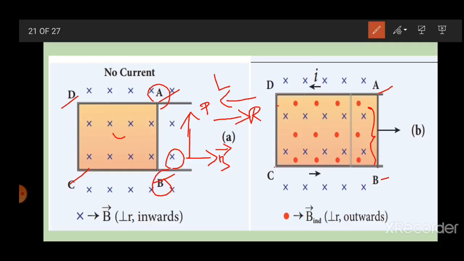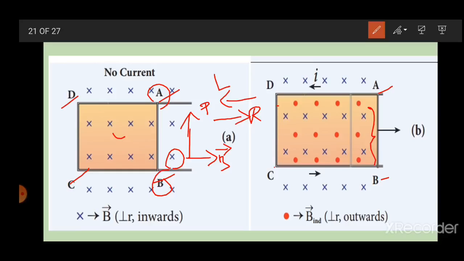This is Lenz's law. The induced current opposes this flux increase and tries to reduce it by producing another magnetic field pointing outward, which is opposed to the existing magnetic field.